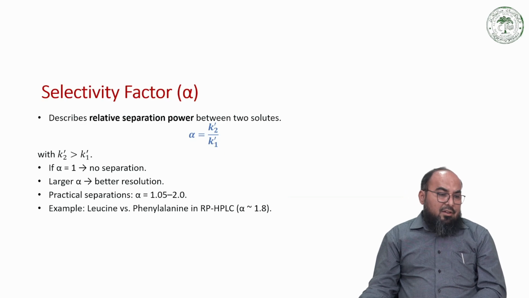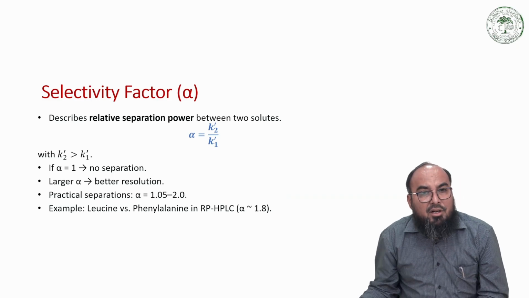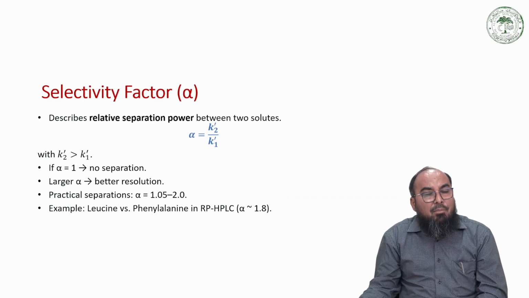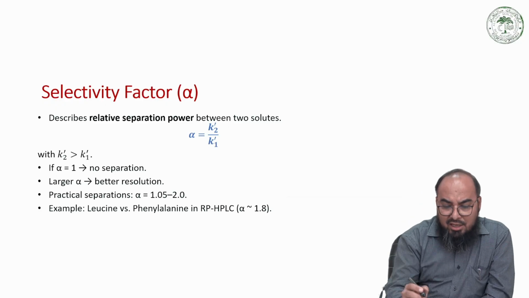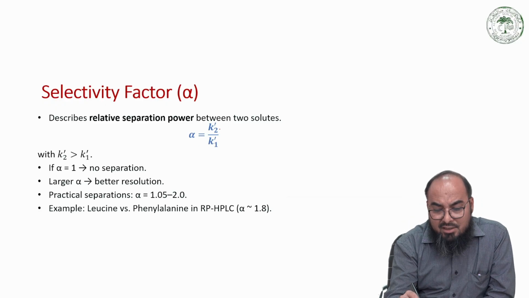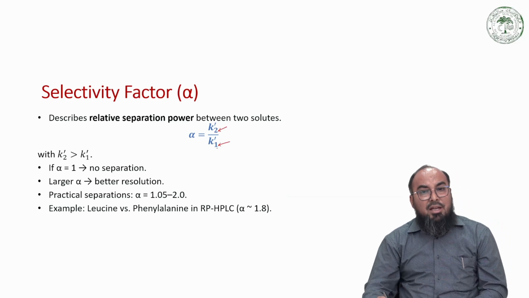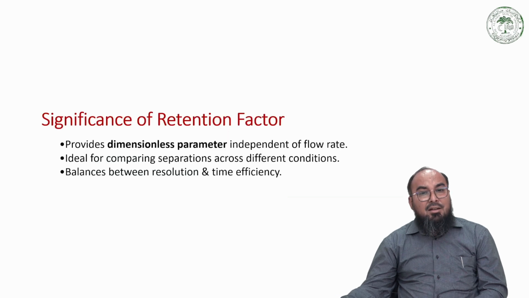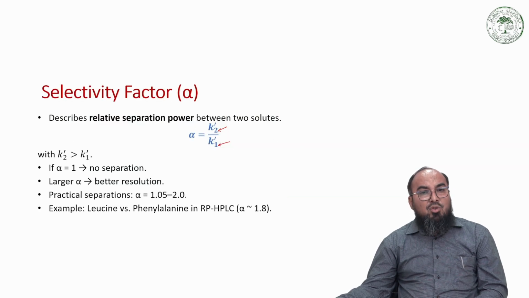So now comes the selectivity factor. The selectivity factor is very important because it gives you an idea about the relative interaction of more than one solute. For example, for two solutes, you can define this selectivity factor as K2' upon K1', that is component 2 and component 1, and this K' is the retention factor which we have discussed. So now you have another parameter which gives you an idea about the interaction of your solutes with the stationary phase and mobile phase.